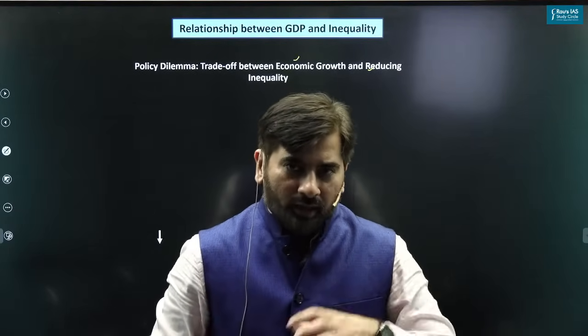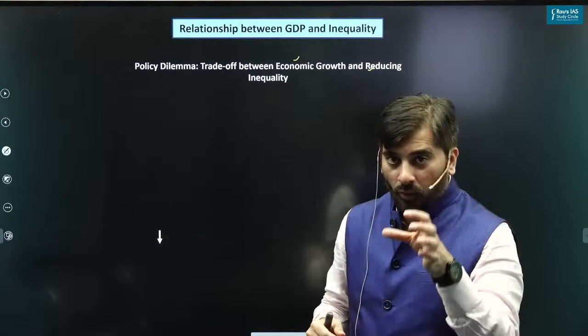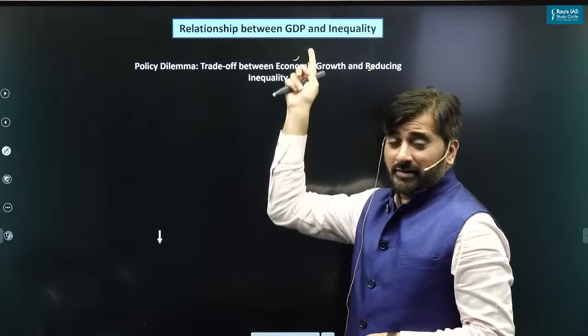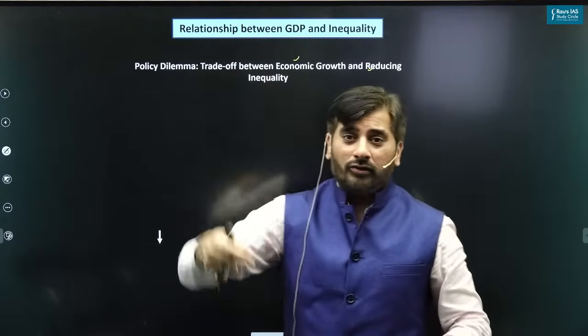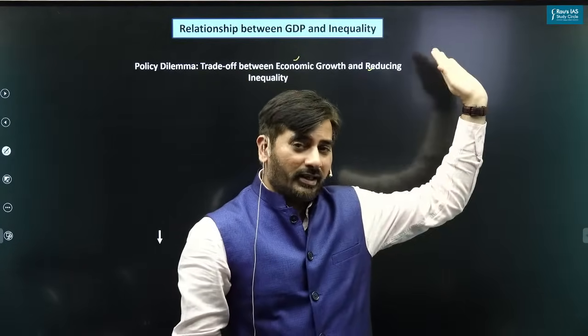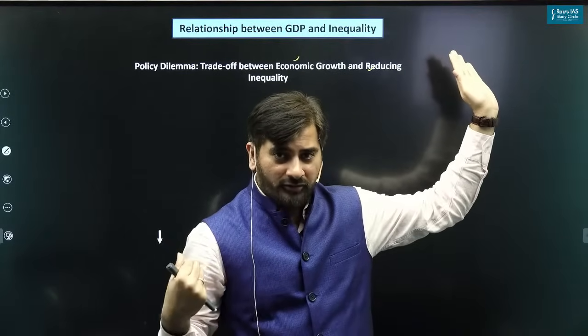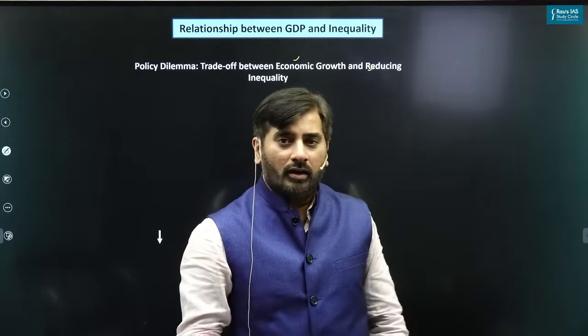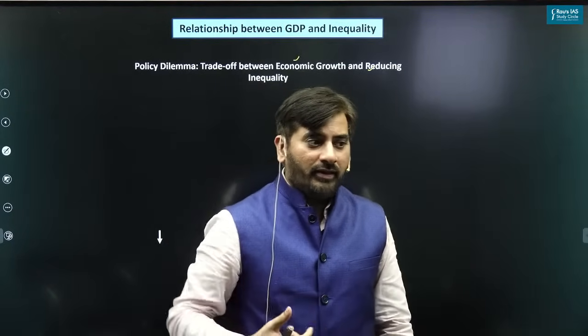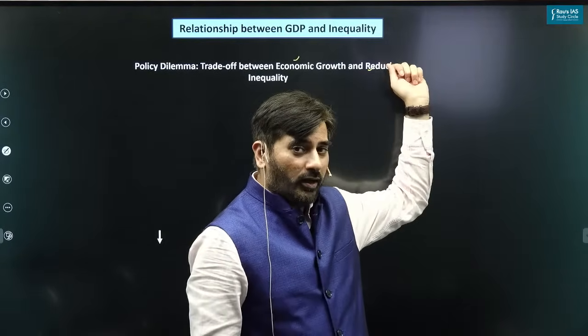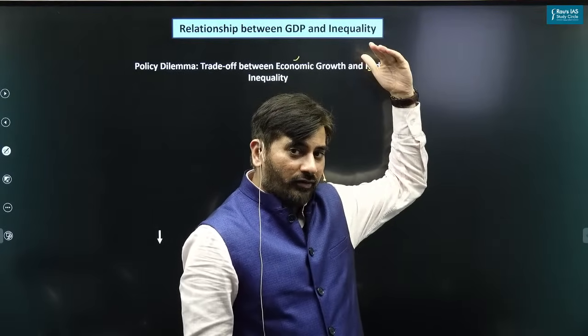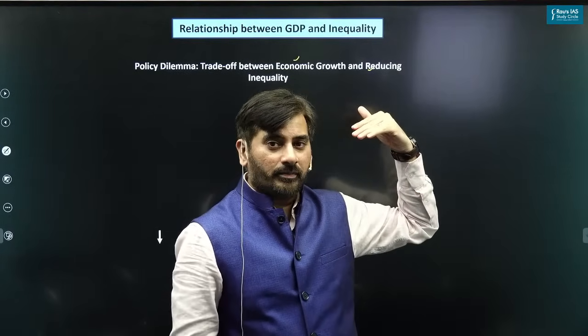These are the 2 objectives before any country. But it is being said a particular country cannot pursue both of these 2 objectives simultaneously. Which means if a country is focusing more on increasing its GDP size, that increase will also lead to increase in income inequality, right? That is what we saw now, Kuznets curve. On the other hand, if the country is focusing excessively on reducing income inequality, GDP growth of a country will reduce.